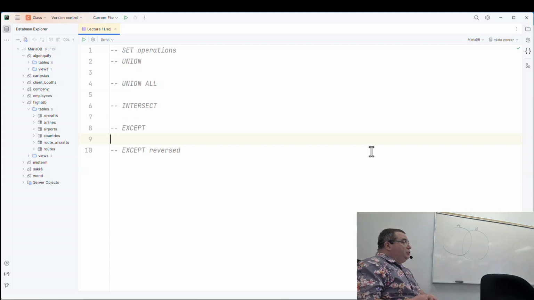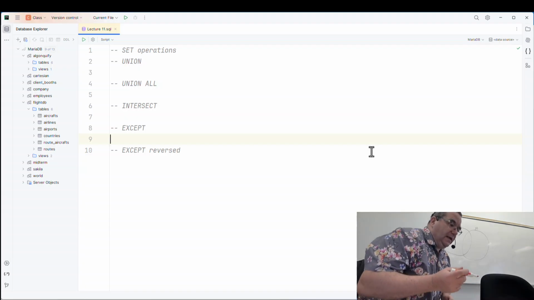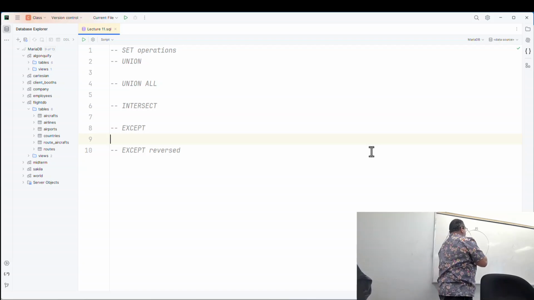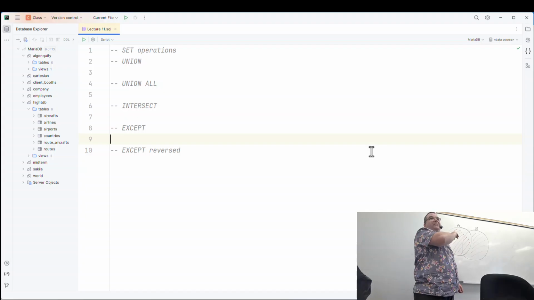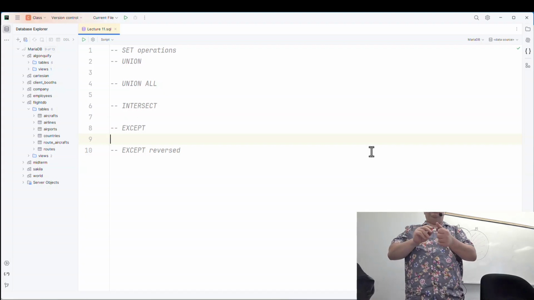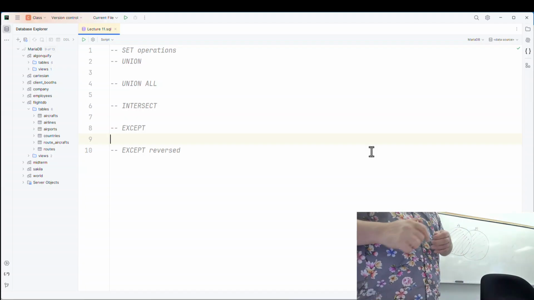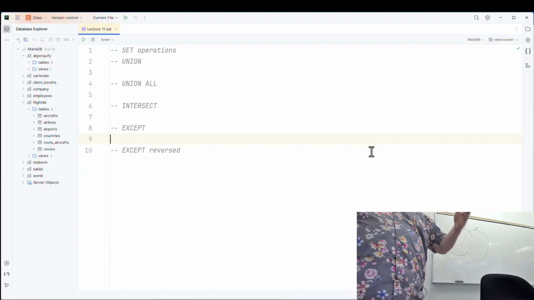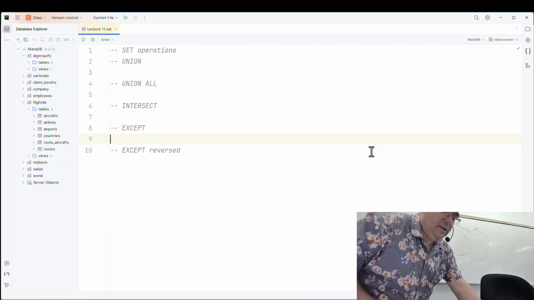Basically, what union does, it's everything from A. Well, not quite. It's everything from A plus anything from B that is not in A. So yes, it gives you everything, but it only gives you the unique values of the two sets put together. So union says, give me everything from A plus anything from B that wasn't already in A.